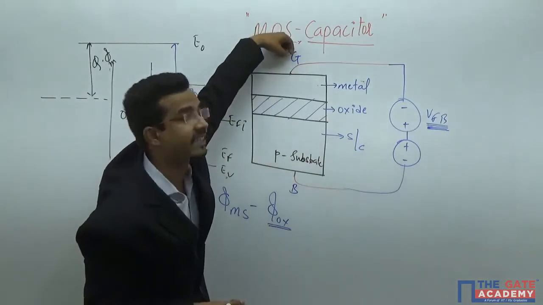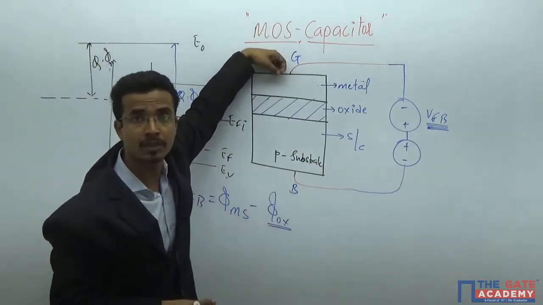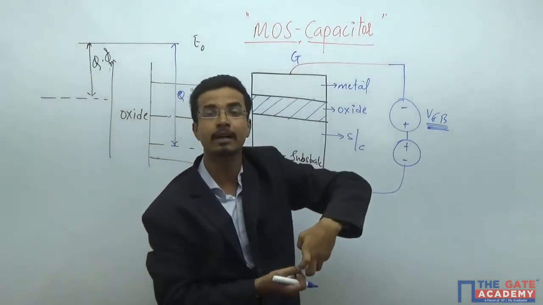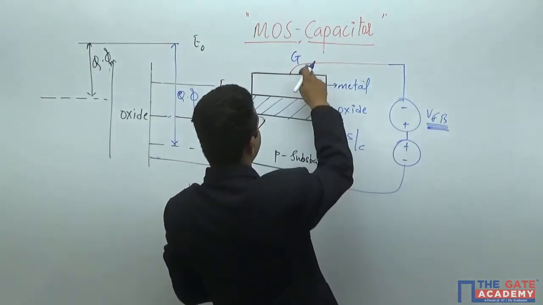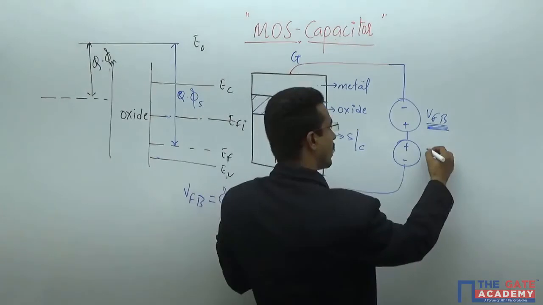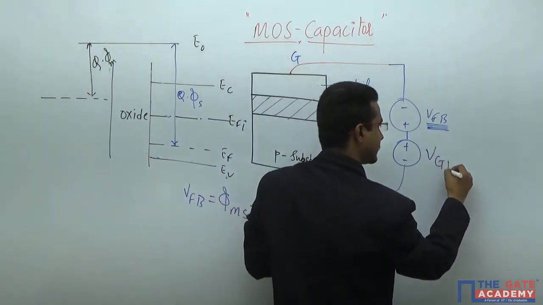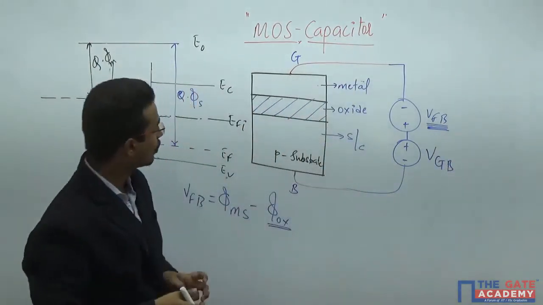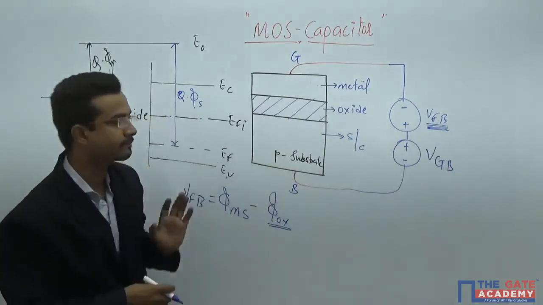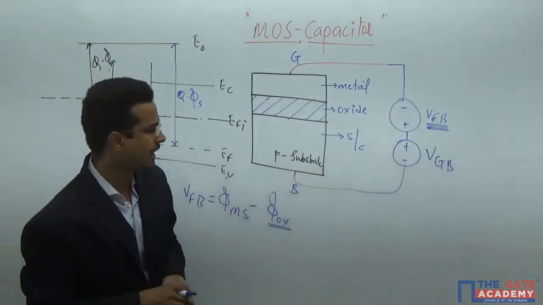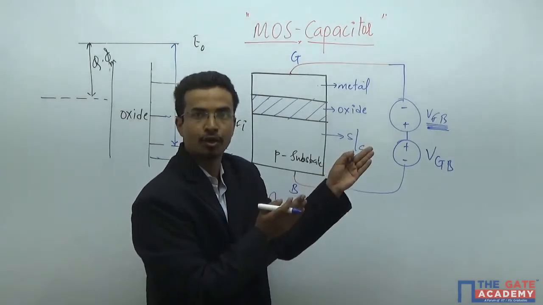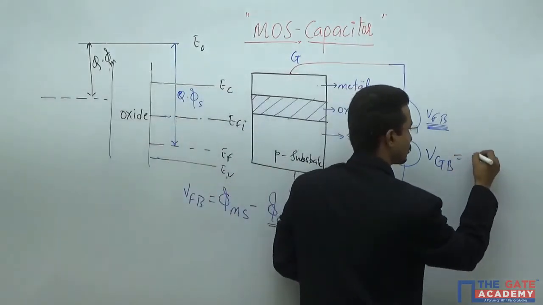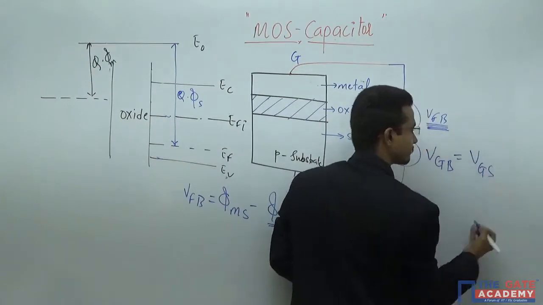That is why it is known as the gate control terminal. That means it will decide the amount of current. So this will become this and this will become this. I am applying this voltage, VGB, the voltage between gate and body. Sometimes, in MOSFETs with the source, you call this VGS also.